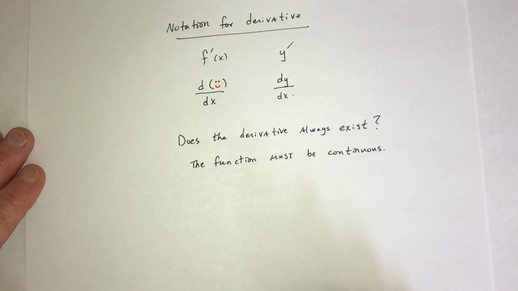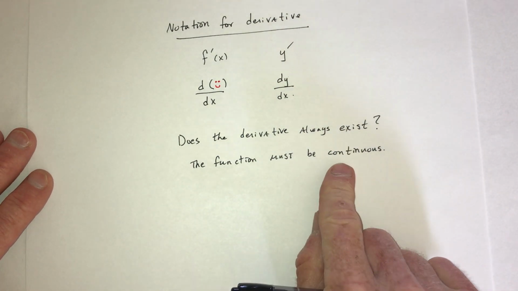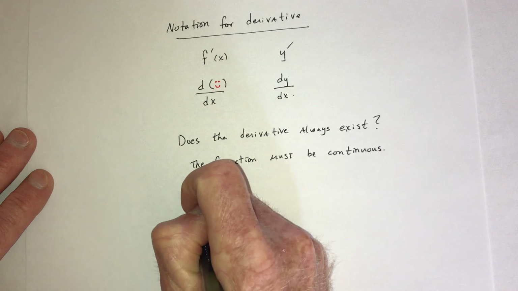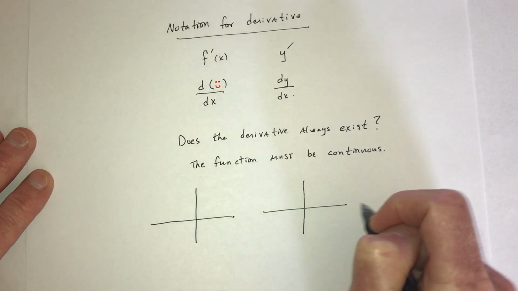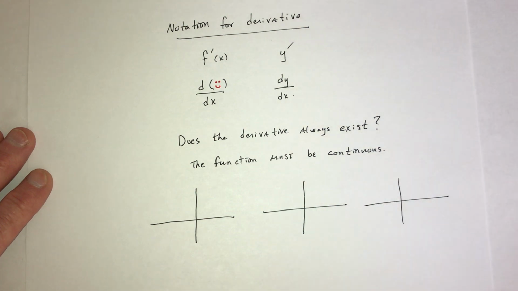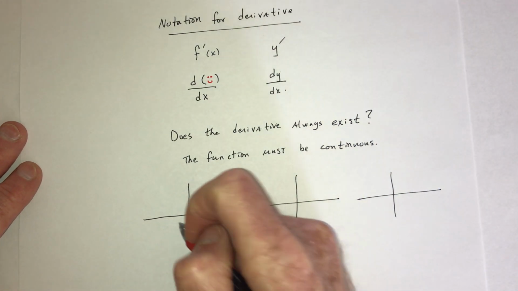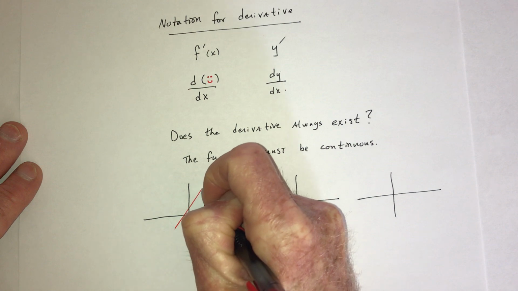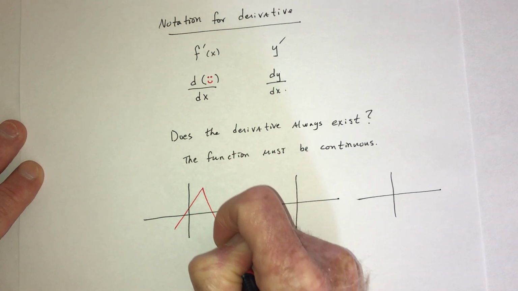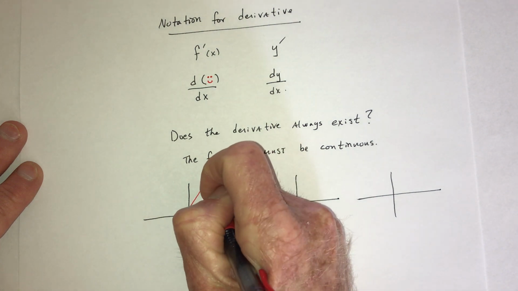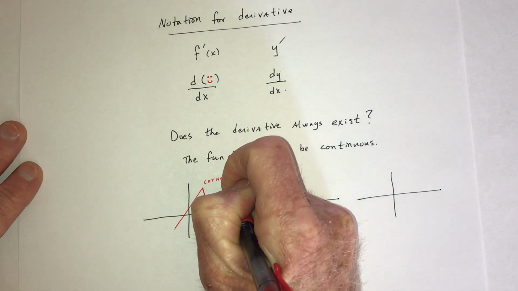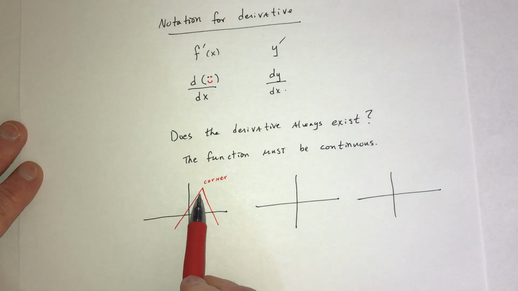But there are even examples of functions that are continuous and yet the derivative does not exist. There's basically 3 possibilities for that. One is if you have a function that goes like this and it makes a sharp corner. So right here, which is actually called a corner, the derivative does not exist right there.